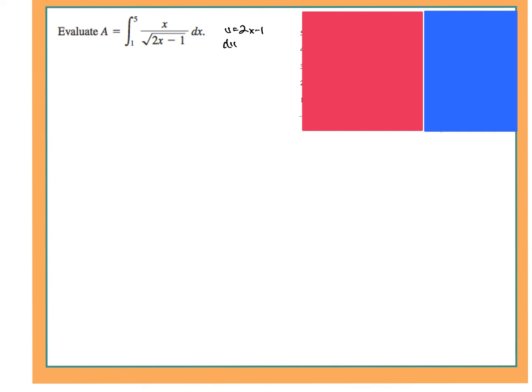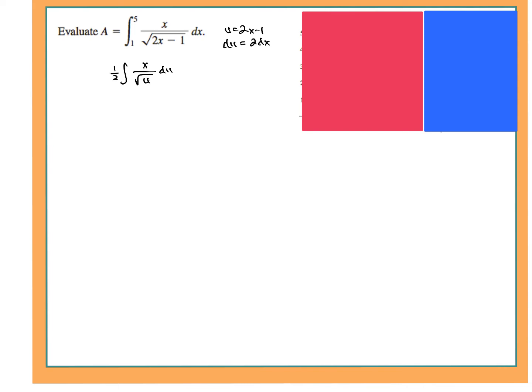So what would be my du? 2 dx. So right now I have an integral of square root u, with x du going on. But what needs to be brought out front right away? A 1/2.